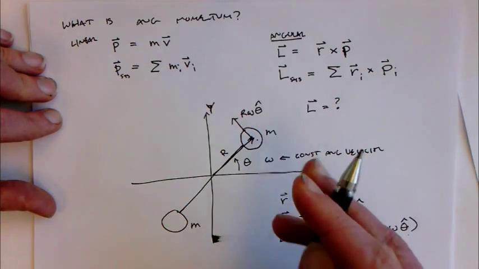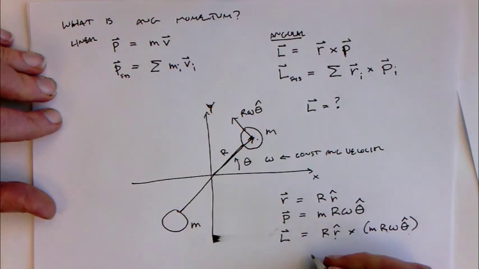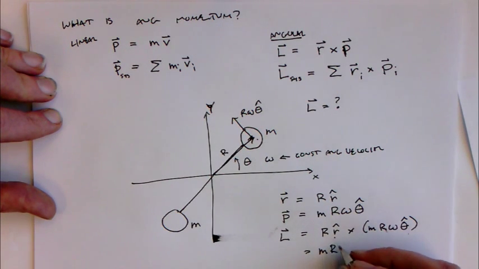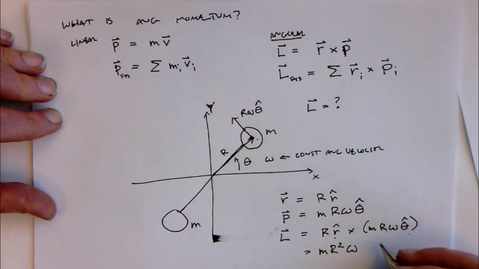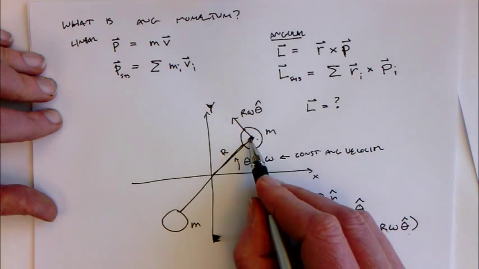R hat crossed into theta hat is k hat, coming out of the page. So I'm going to get m times r squared times omega in the k hat direction. Okay? So that's the angular momentum of this first particle.